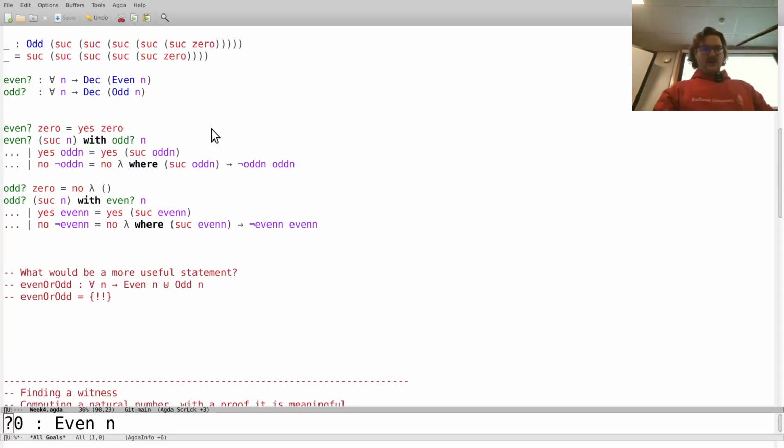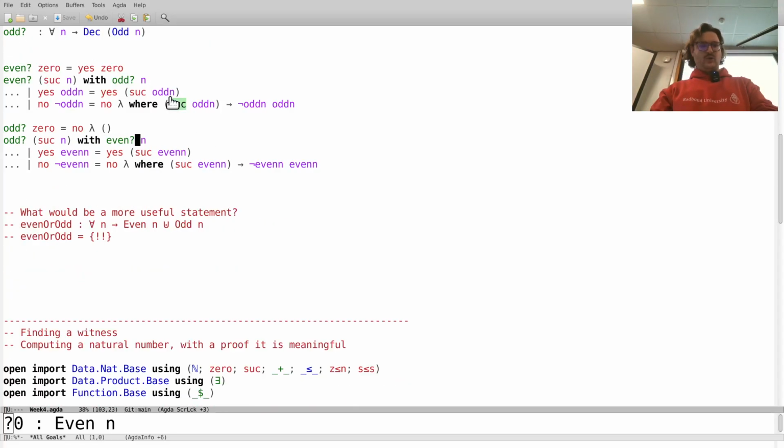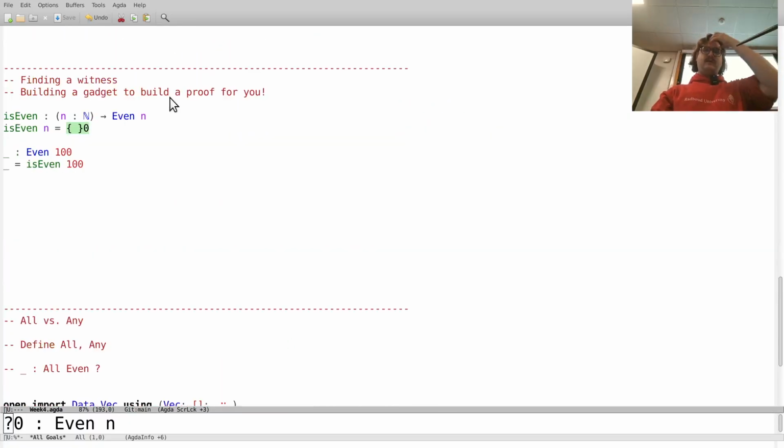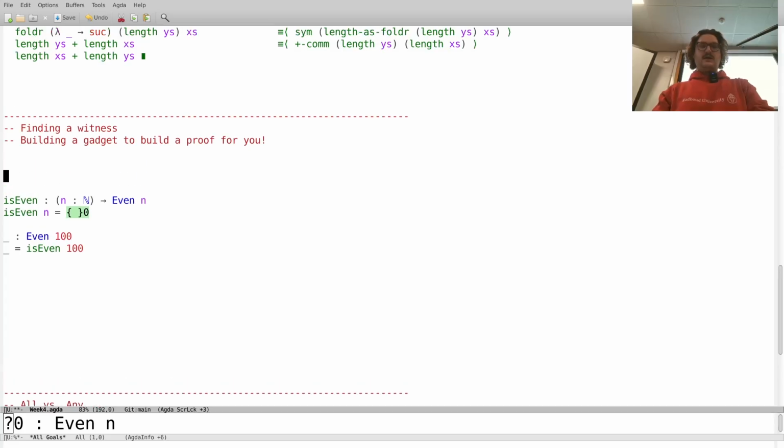And I think Conor's tagline is, why keep a dog and bark yourself? Why have a decision procedure on hand and write the proofs yourself? So the idea here is to find a way to express that the decision procedure is going to tell you, yes, it is indeed even.